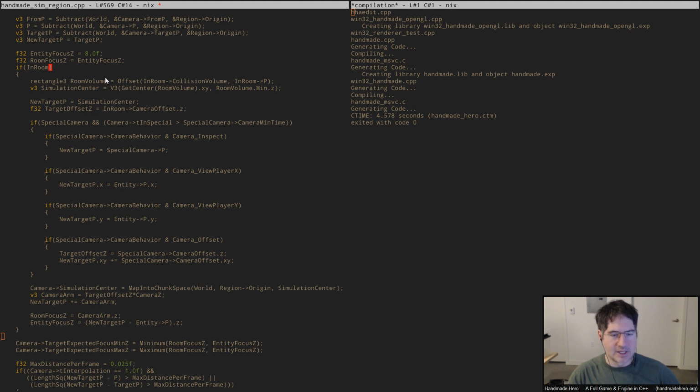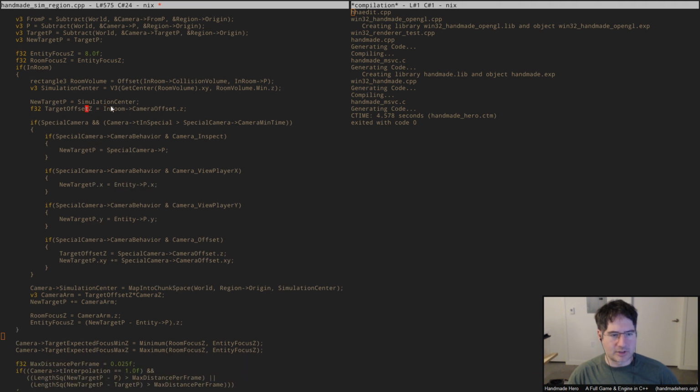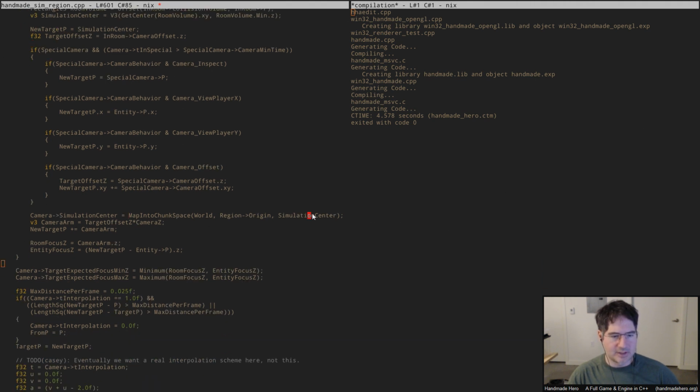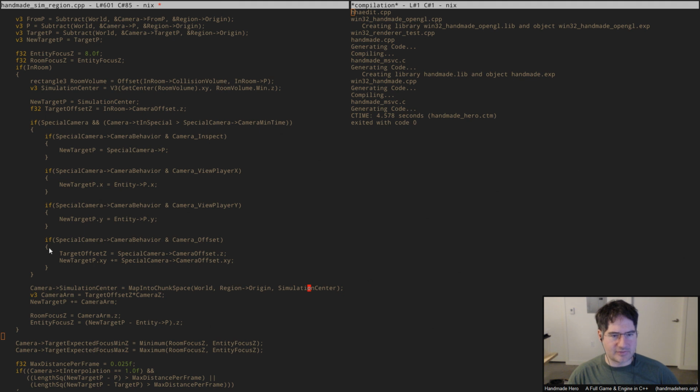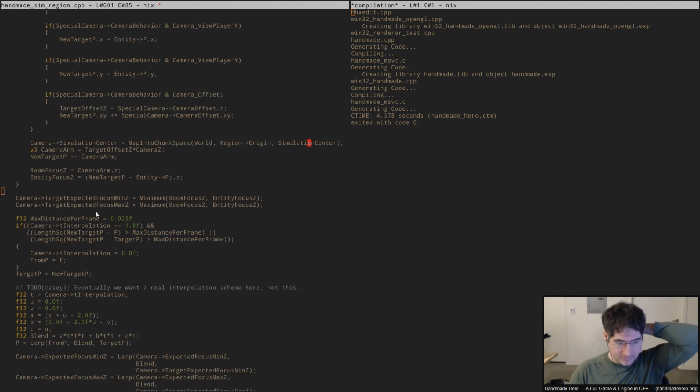This whole thing, right? So we know we're looking at what the room looks like. We know we're setting up the new target P based on the center of the room, right? We're going to move the offset of that thing out from there somehow. We're going to reset the camera simulation center to be based on that simulation center. Yeah, all that seems pretty normal.